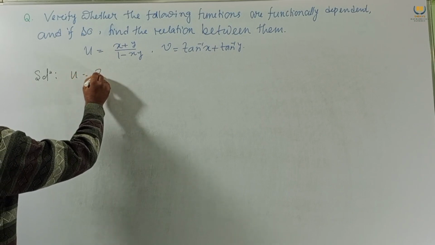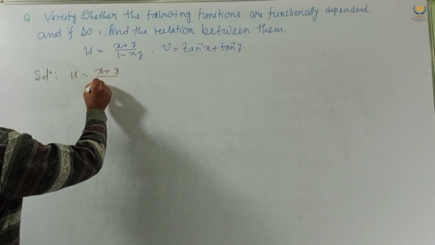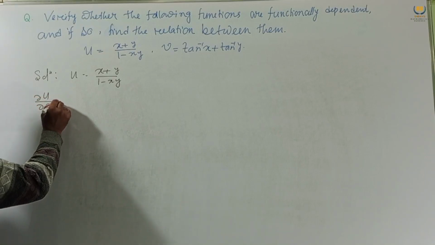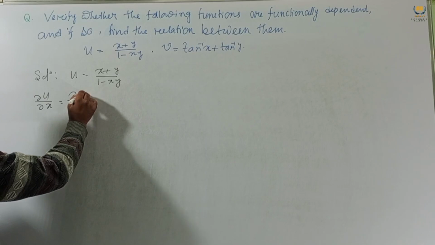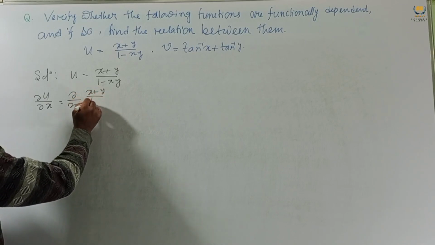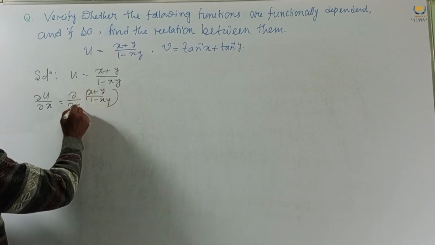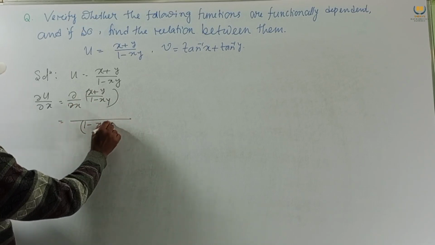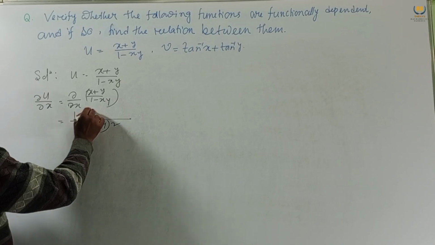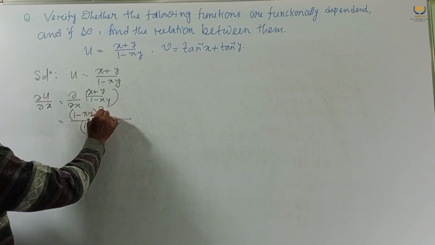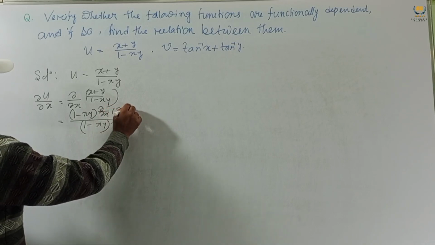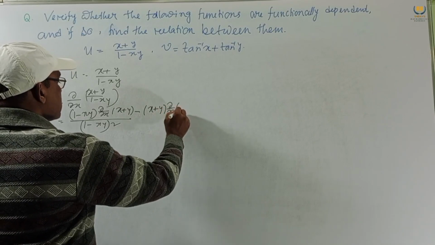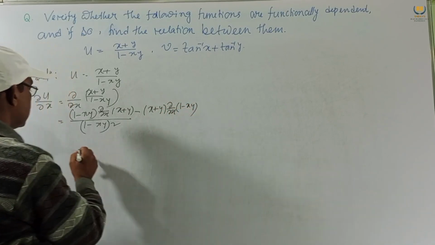u equal to x plus y by 1 minus xy, del u del x. This is the quotient rule, division formula: denominator whole square, denominator del x of numerator minus numerator del x of denominator. We get this.